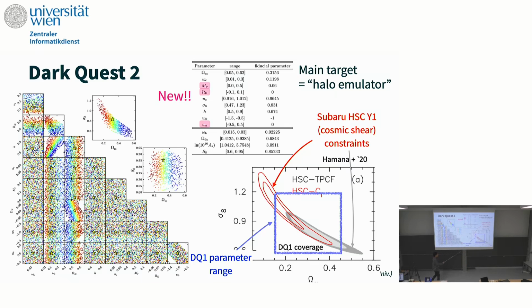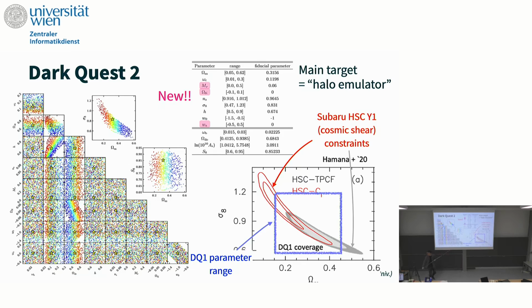Not just increasing this rectangular region, but, since we know that S8 is the main parameter from weak lensing, we put the constraint on S8. We want to cover this banana-shaped region, which I show here, with a bit of a fatter margin, like up to 4 or 5 sigmas. That's a new simulation design.